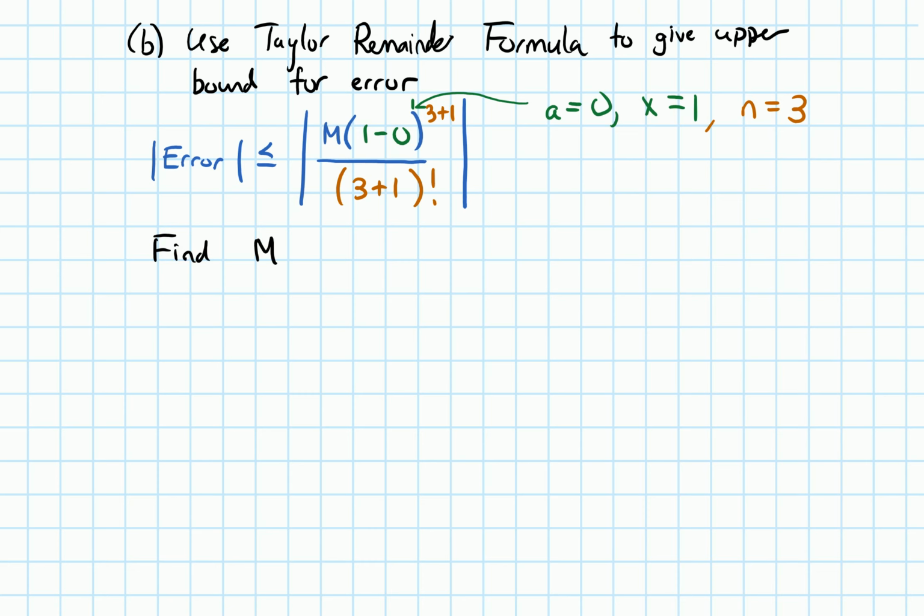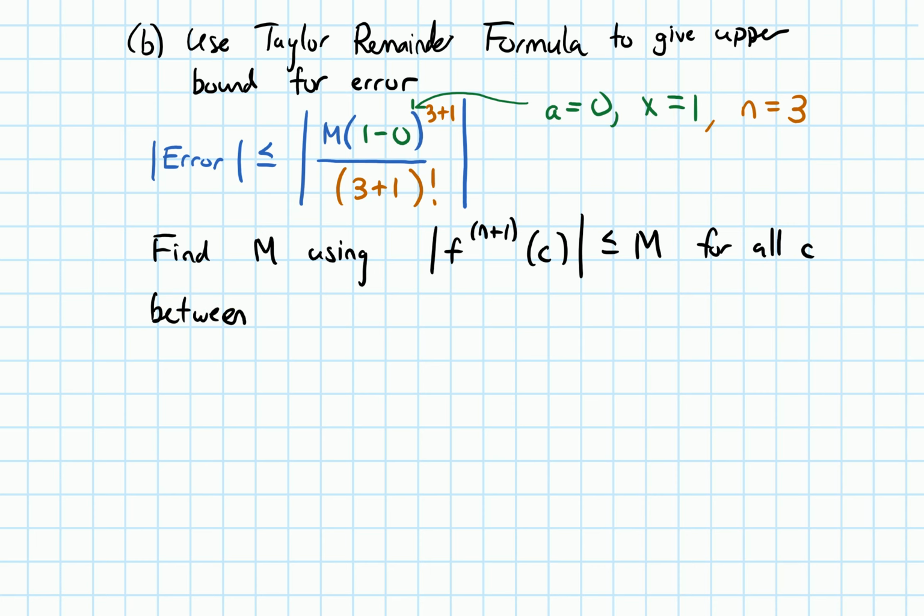We had a formula on what M is. The absolute value of the n plus first derivative evaluated at c needs to be less than or equal to M. And this has to be true for all values of c that are between a and x. A, we determined already, was 0.